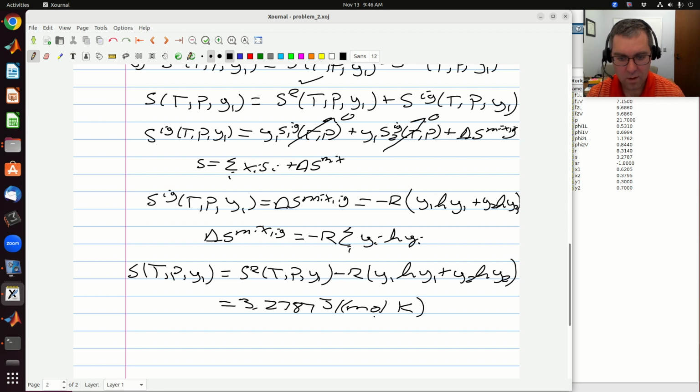So there's S, and that's relative to adopting a reference state of ideal gases of my pure component states at the same T and P. Okay, that's problem 2. I hope that helps. We'll see you in class.